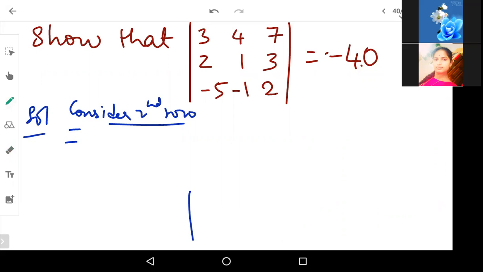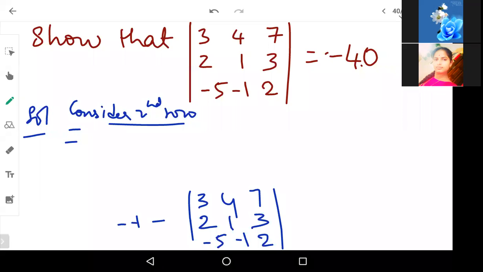Now what we will be doing is 3, 4, 7, 2, 1, 3, minus 5, minus 1, 2. Since I am taking the second row, the positional signs are minus plus minus. So I will take minus 2 and the minor for it.